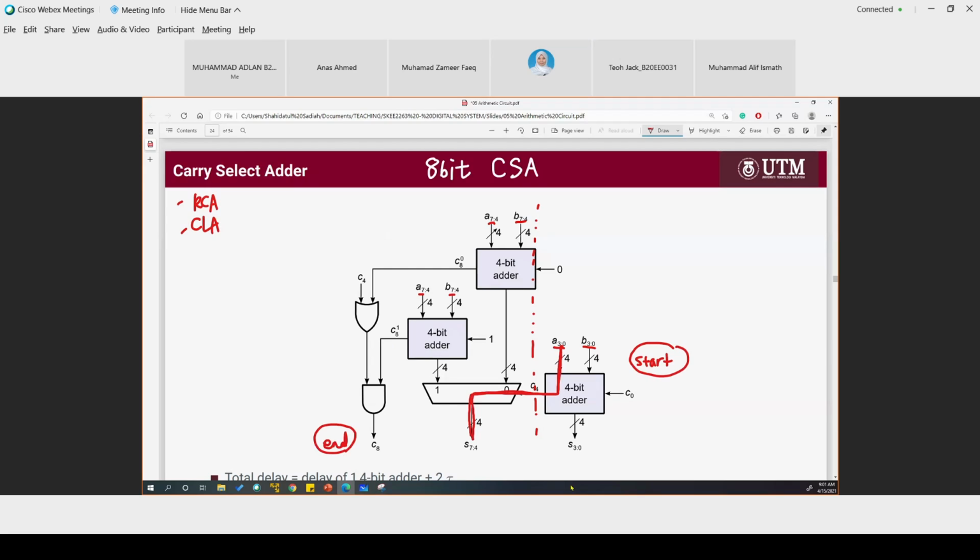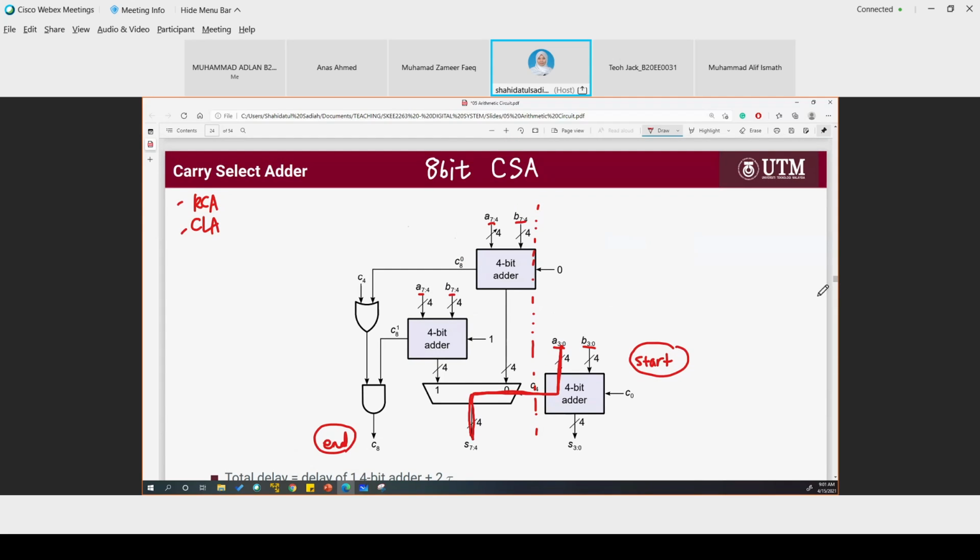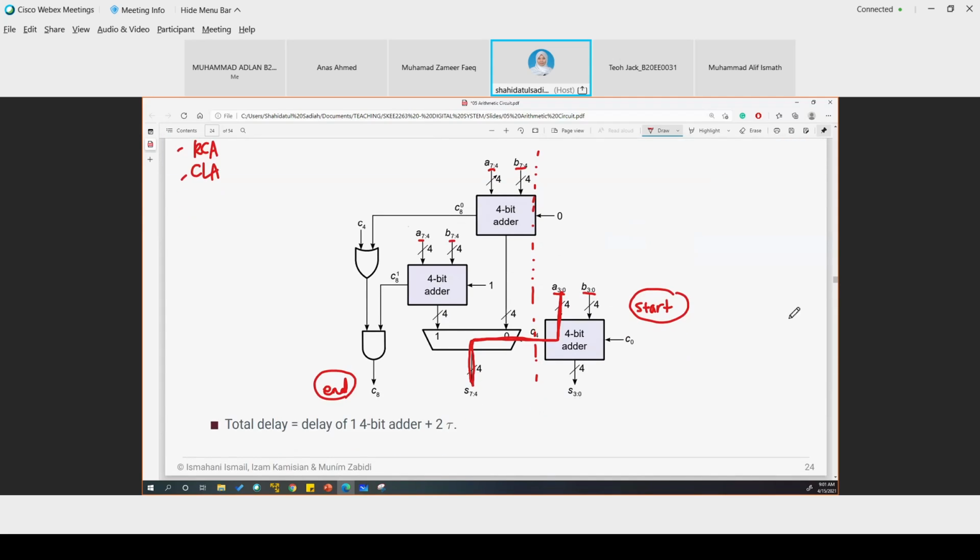So let's say we use the ripple carry adder. All these blocks are 4-bit ripple carry adders, for example.